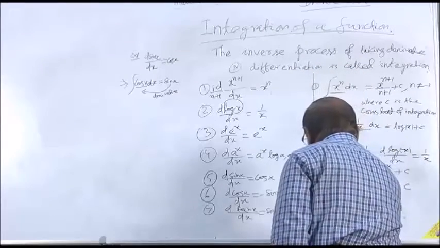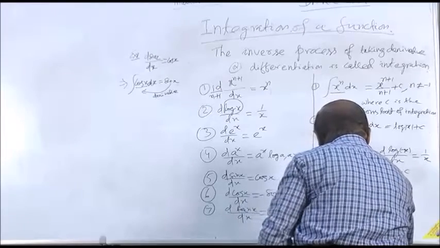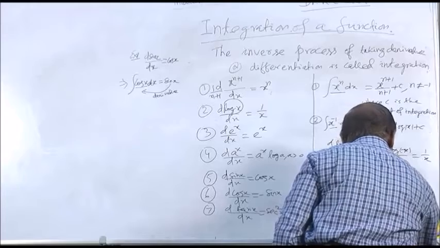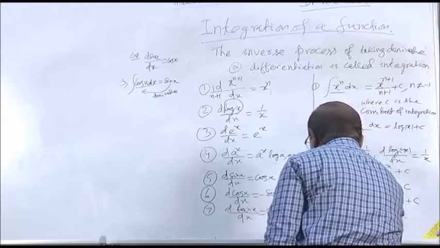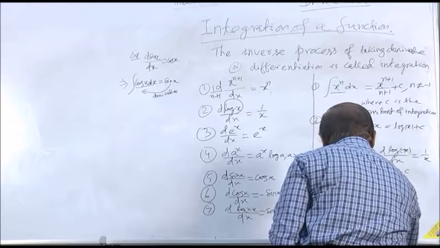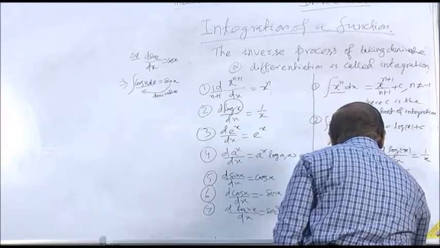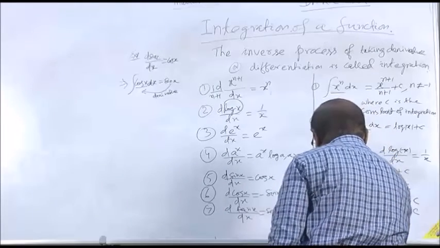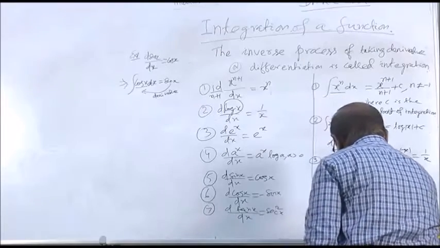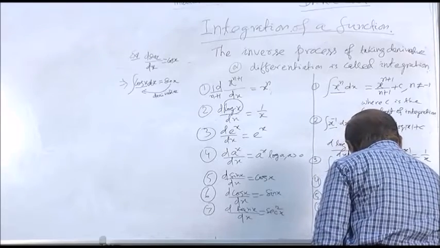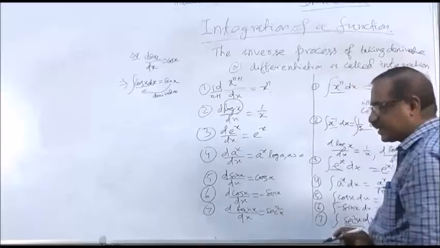5. See, integration cos x dx is sin x plus c. 6. Integration sin x dx is equal to minus cos x plus c. You see, sec square x dx. I have told you whose derivative is sec square x. It is the derivative of tan x.